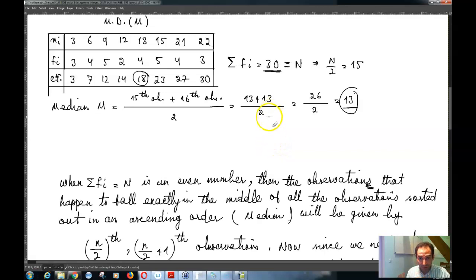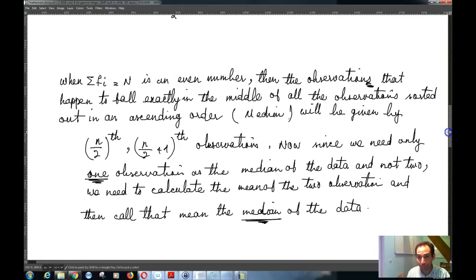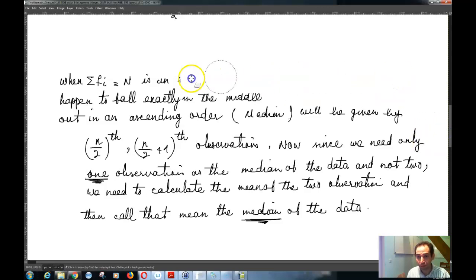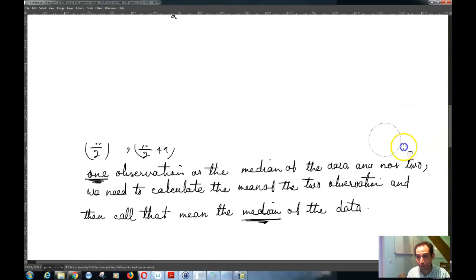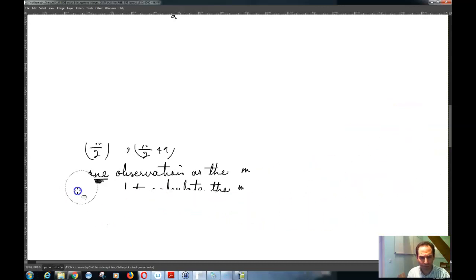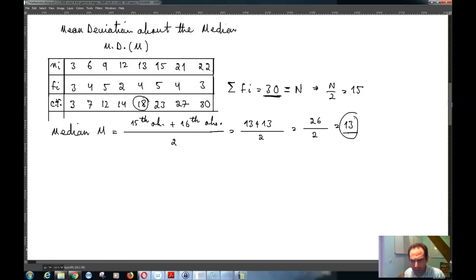So now what you need to do is solve the rest of the problem. Now let me erase all of this. We don't need them anymore. Okay, so next, you know that your median m is equal to 13.